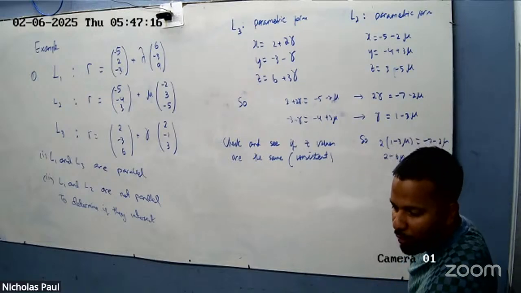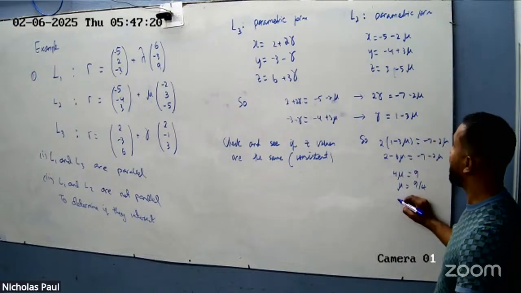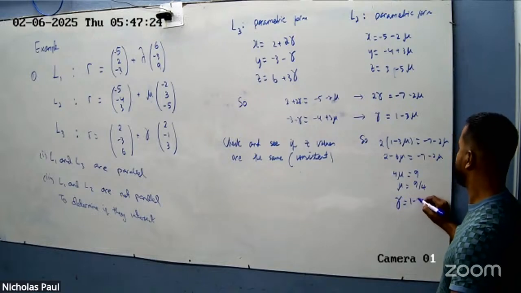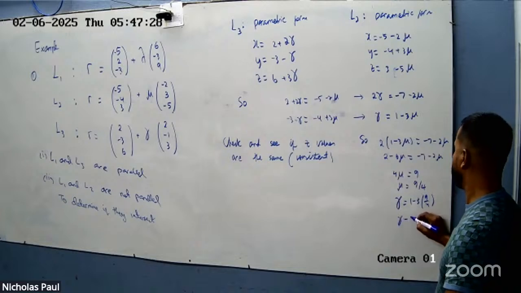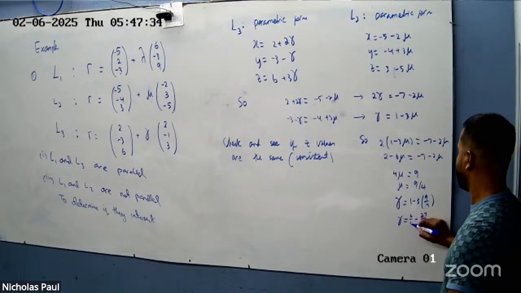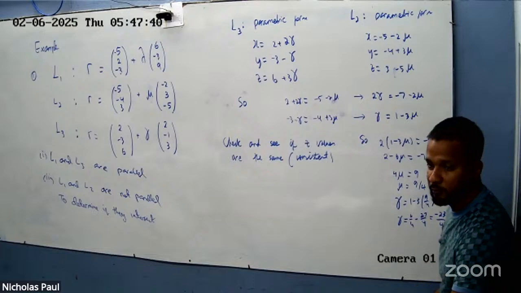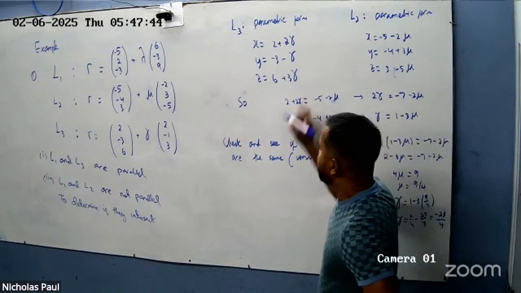And minus 23 on 4. Right, so let's check Z.